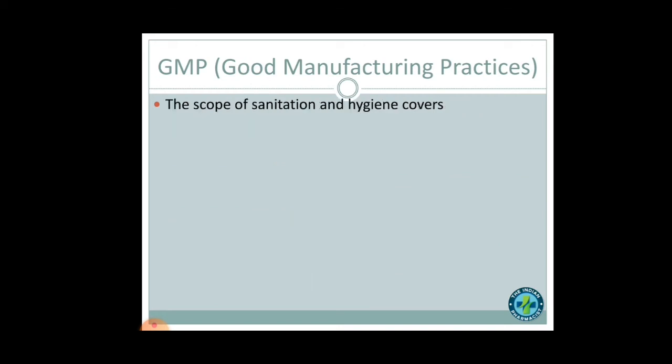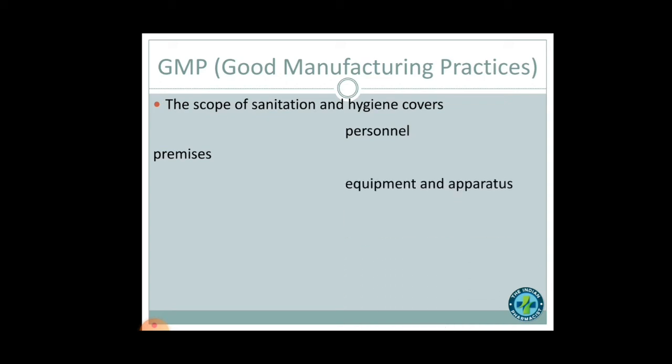The scope of sanitization and hygiene covers personnel. The persons who are working in that area, in that premises, should be covered in this procedure. Premises like walls, building, equipment, everything.